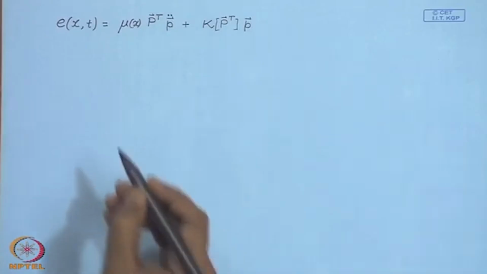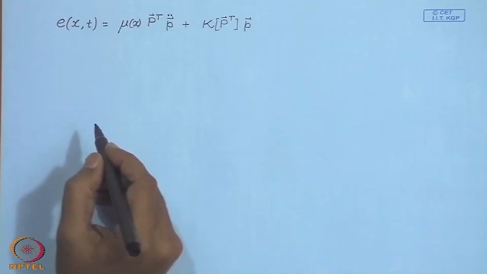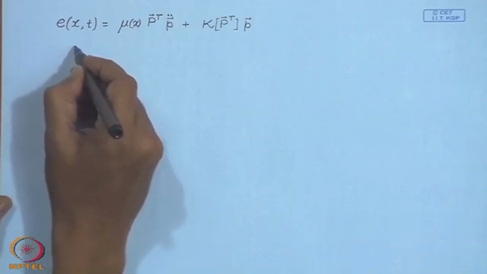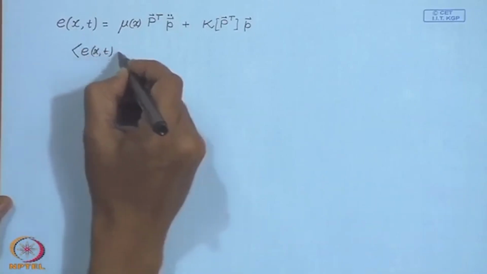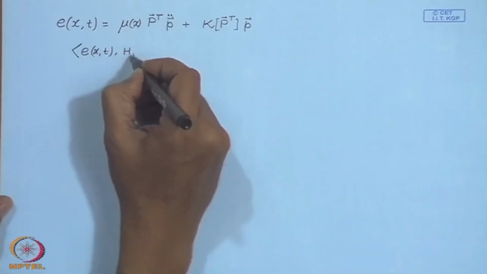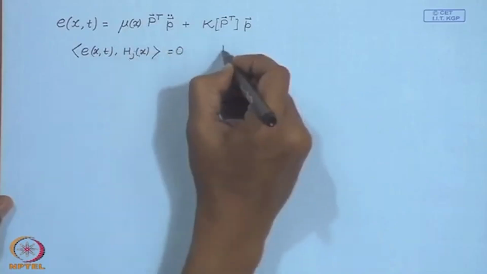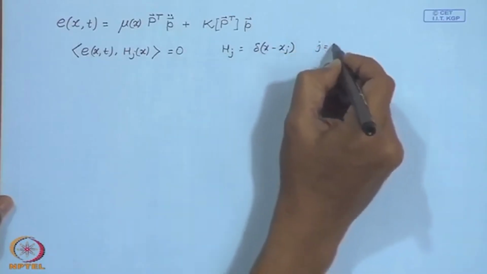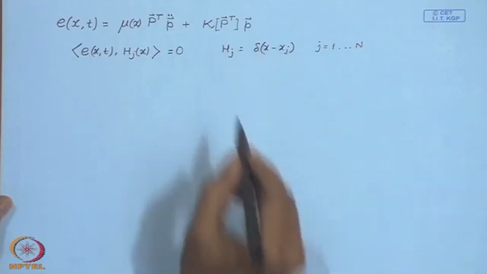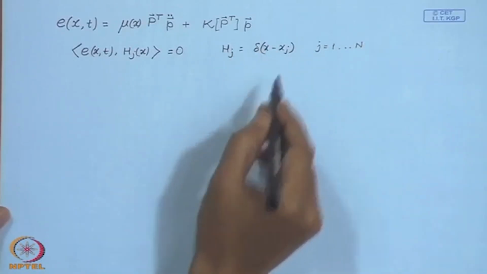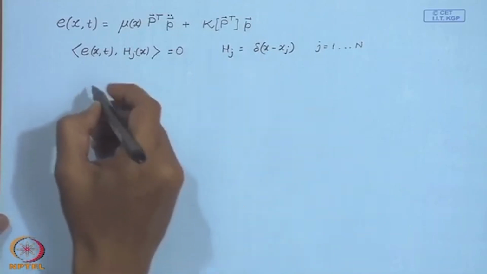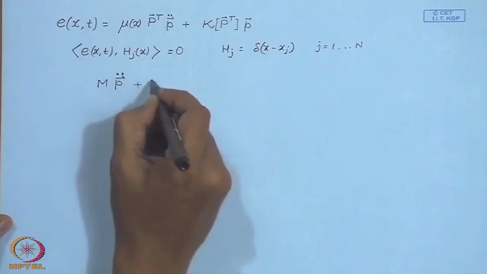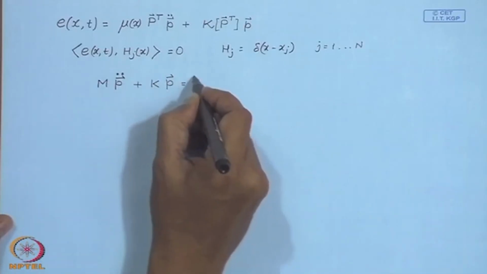So, I rewrite the residue, and if I consider the projection functions in this form using Dirac delta functions, then we arrive at this equation of motion.